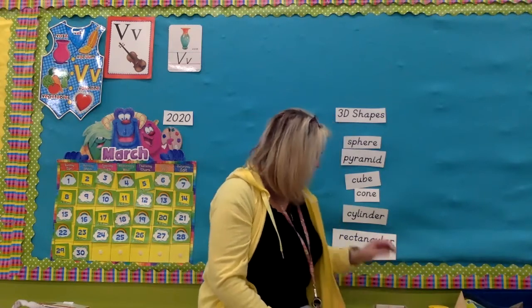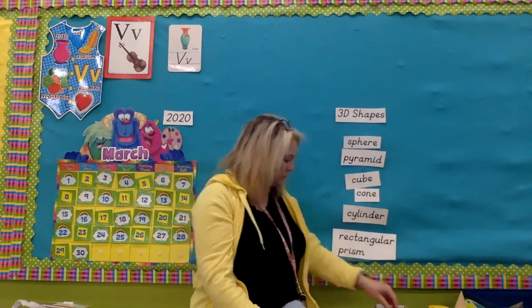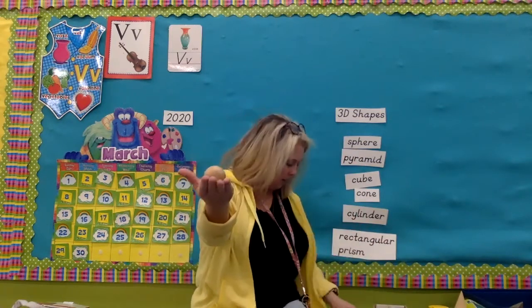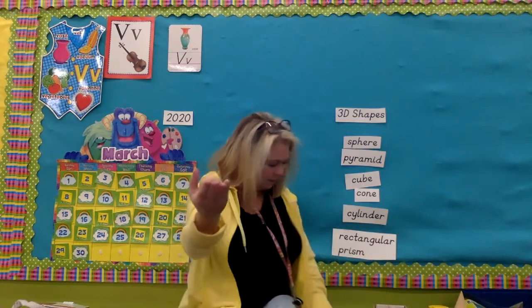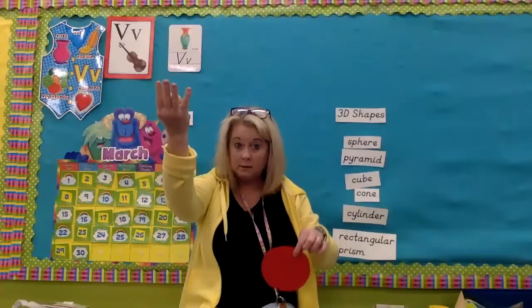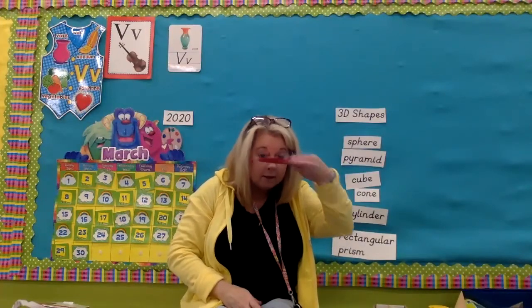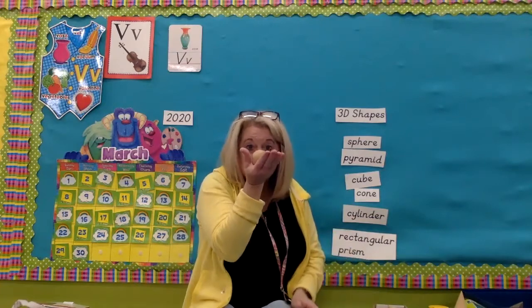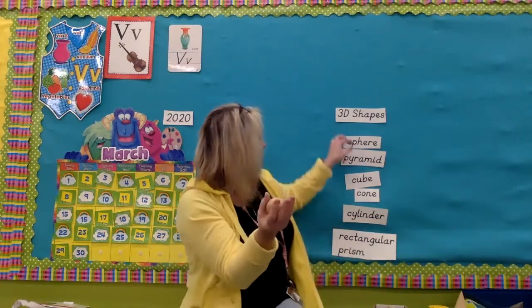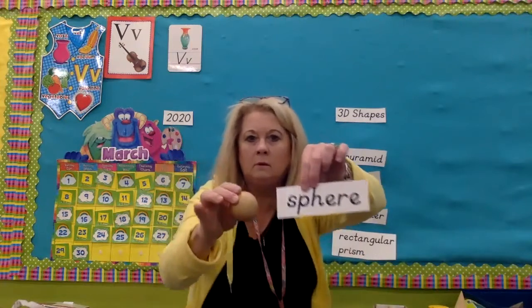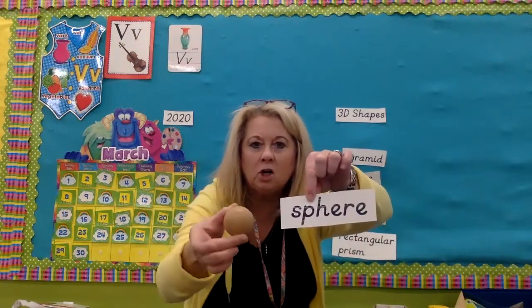Now, the next one we're going to talk about. Oh, this one is interesting. Look at it. Now we know that this is a circle, but it's 2D. And this is 3D. This one is very flat and thin. See? But this one is not. This one is called a sphere.